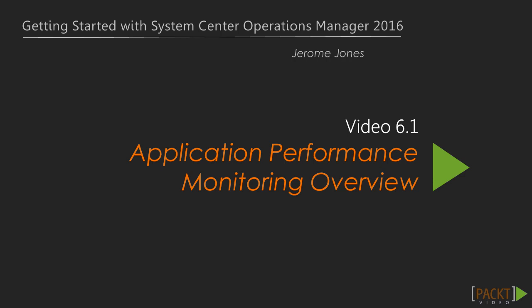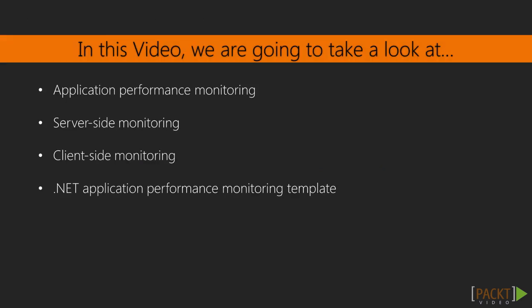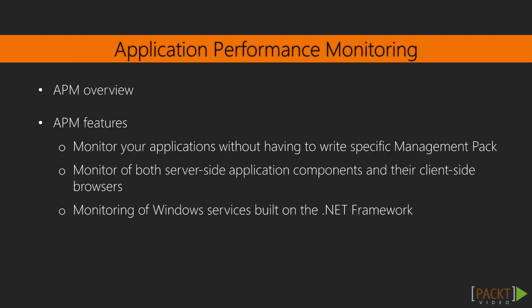So in this video, we'll look at application performance monitoring overview. We will look at application performance monitoring, the server-side monitoring, the client-side monitoring, and the .NET application performance monitoring template that's included with Operations Manager. .NET Application Performance Monitoring in Operations Manager 2016 allows you to monitor IIS hosted web applications from both the client and the server perspective.